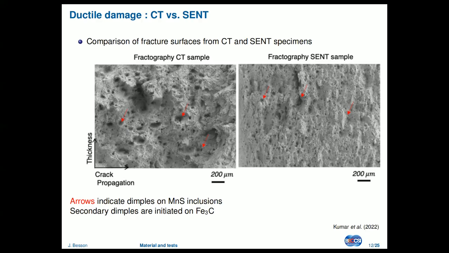The magnification is exactly the same, and you see very different features. On the left, the CT specimen, you see large dimples. On the SENT specimen, you hardly see them. They are more or less indicated by the red arrows. So the mechanism of fracture is somehow different, and we interpret that as the nucleation of secondary dimples on iron carbides.